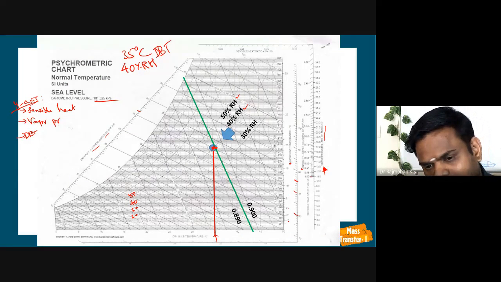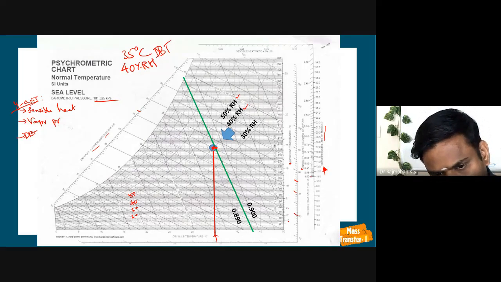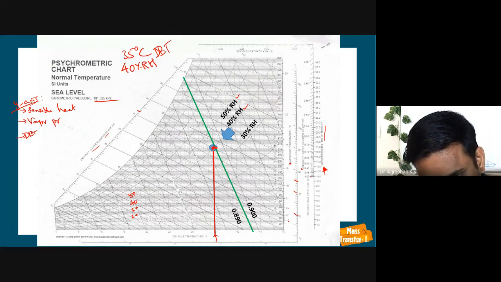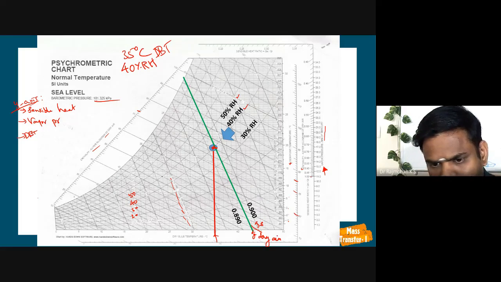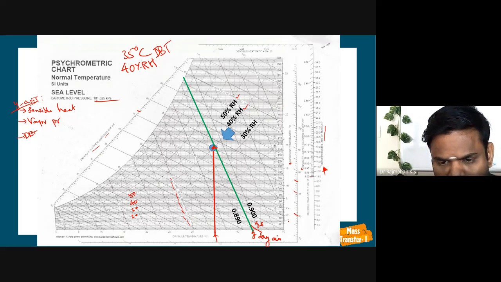First thing I can take here is specific volume. How do I know this is the specific volume line? Here it is written, specific volume, cubic meter per kg dry air. So I get the value of specific volume along this line. In the color graph we used green color, that's why I'm using the same color here.